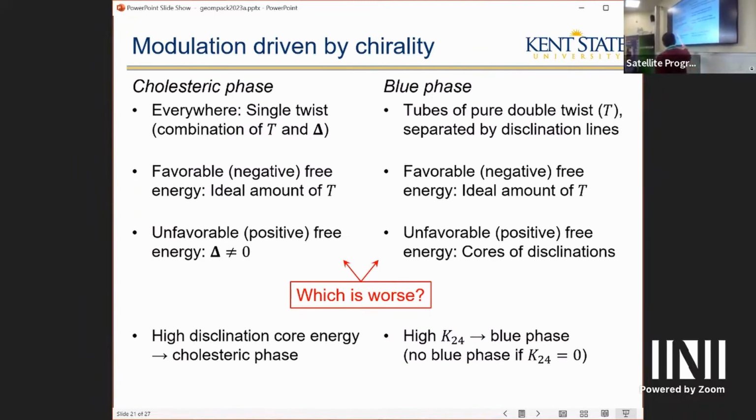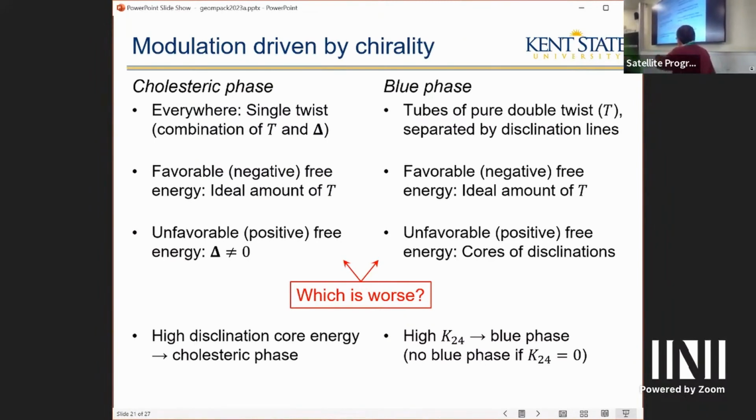In the cholesteric phase, the sacrifice is that it has the delta mode, right? Which is unfavorable, but it comes along with the twist. In the blue phase, the sacrifice is that it has to make all these cores of disclinations, right? Which certainly costs some energy per length, okay?